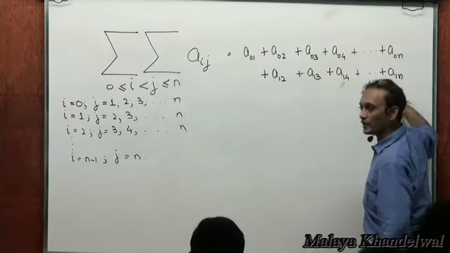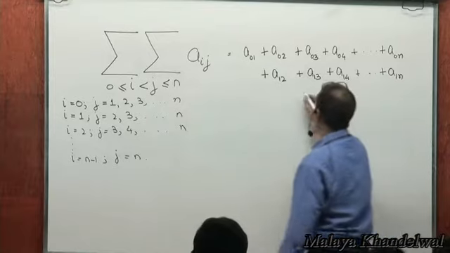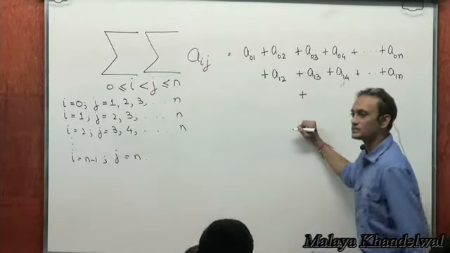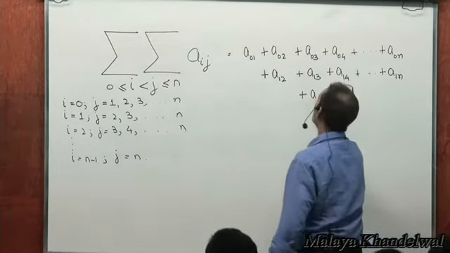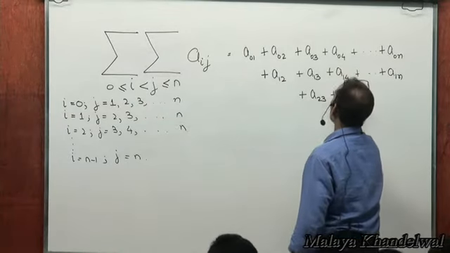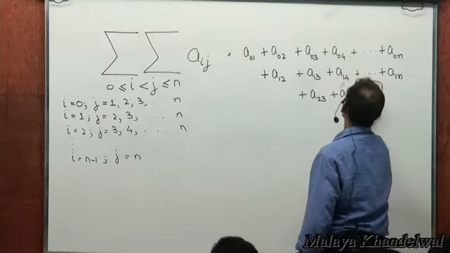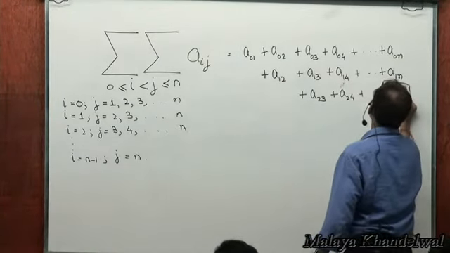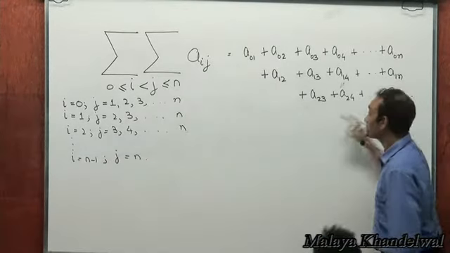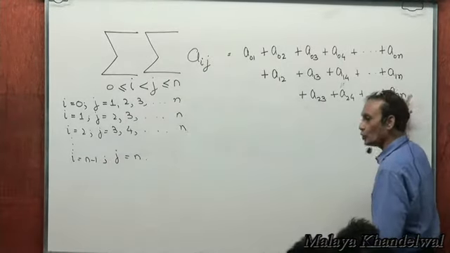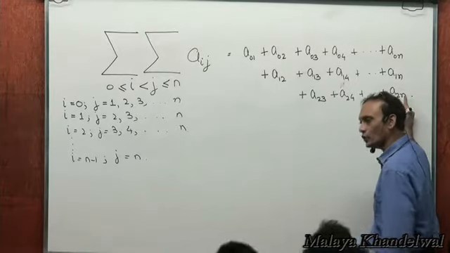This is the row dedicated to i equal to 1. Similarly, the next row, plus, is dedicated to i equal to 2. When i is 2, j can be 3, 4, and up to n, right? This row is dedicated to i equal to 2, with j going from 3 all the way to n.